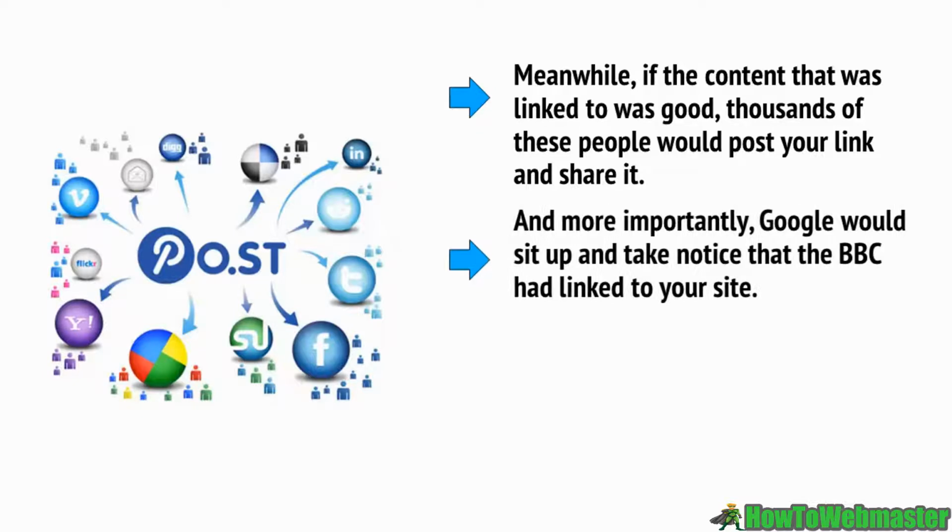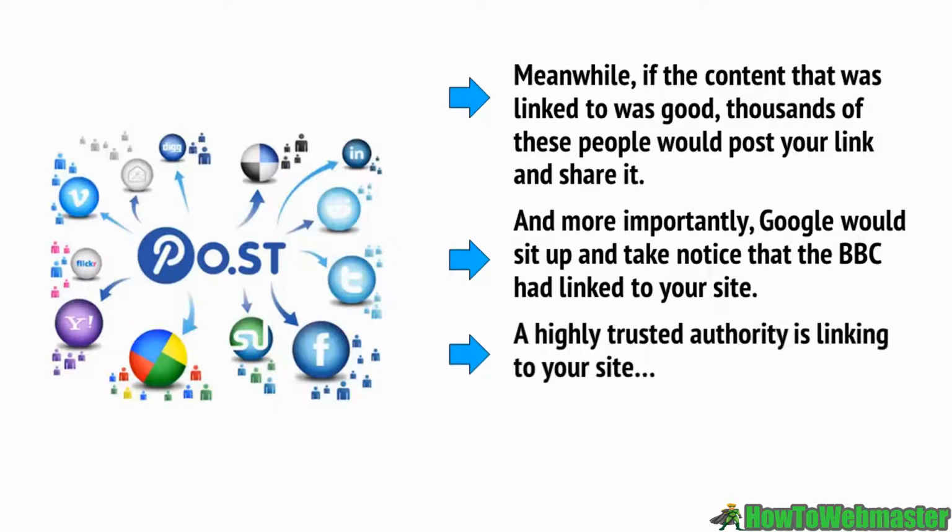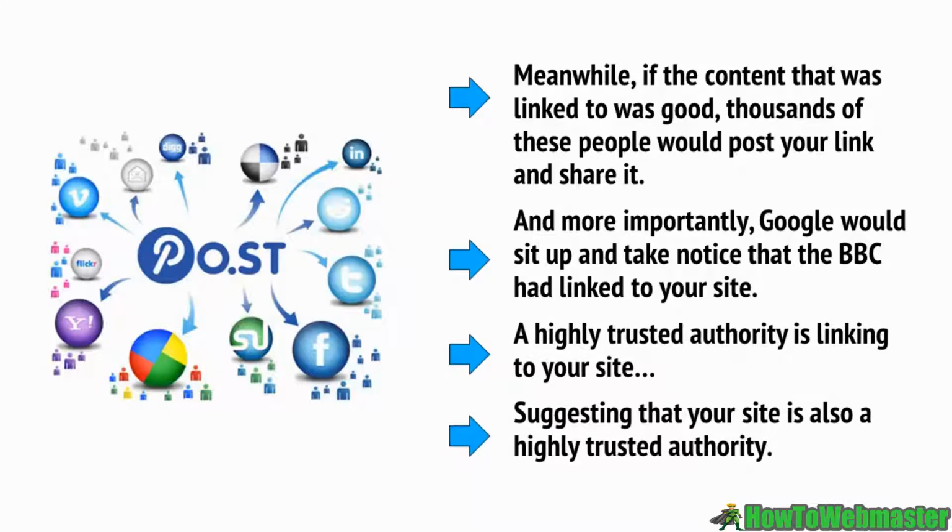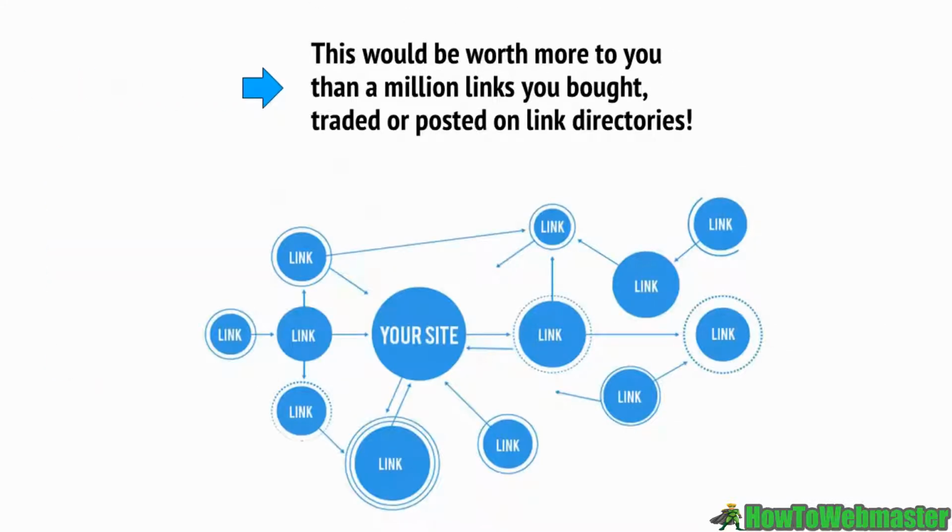And more importantly, Google would sit up and take notice that the BBC had linked to your site. A highly trusted authority is linking to your site, suggesting that your site is also a highly trusted authority. This will be worth more to you than 1,000,000 links you bought, traded, or posted on link directories.